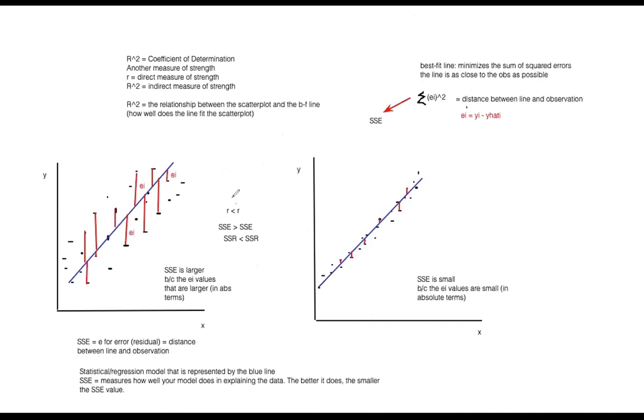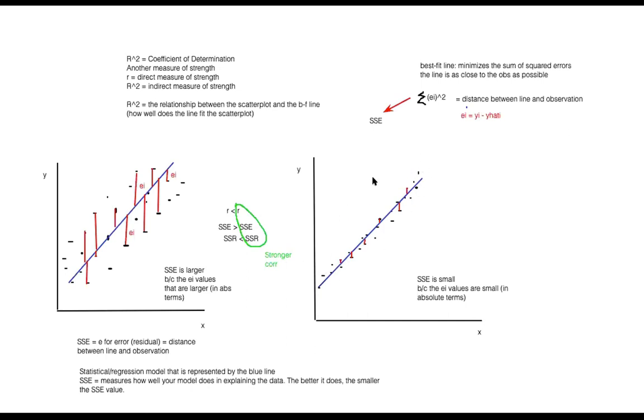All of these here are indicative of a stronger correlation, and it's precisely because you had a very tight scatter plot to begin with.